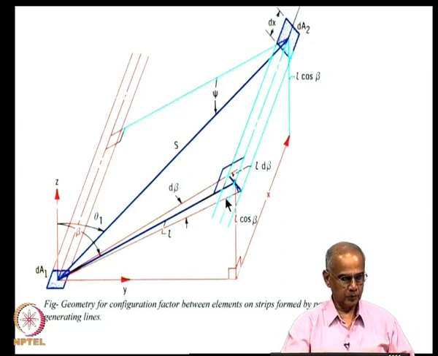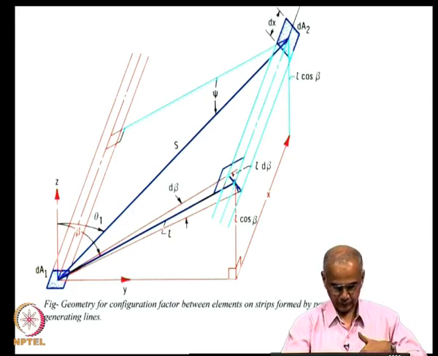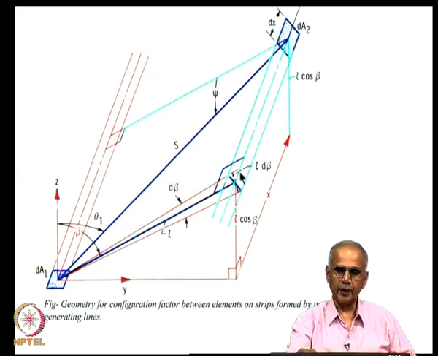That is our interest. In this case the basic dA1 dA2 we know from the definition, but we need to integrate over one of the elements, that is the element dA2, to get a relation between f dA2 to strip 1.